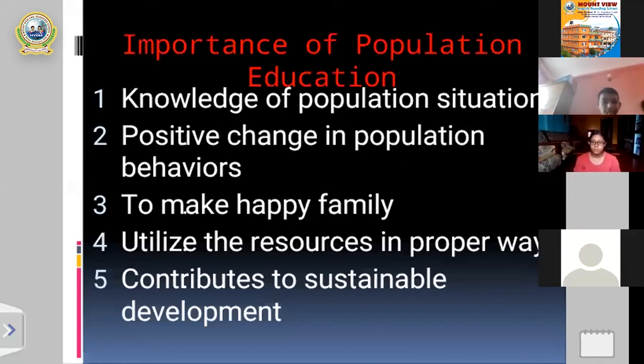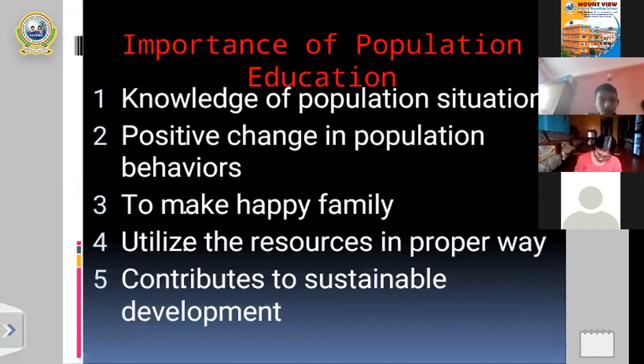The first importance of population education is knowledge of population situation conditions. Second, positive change in population behaviors. Number three, to make happy family. Number four, utilize the resources in a proper way. And number five is contributes to sustainable development.